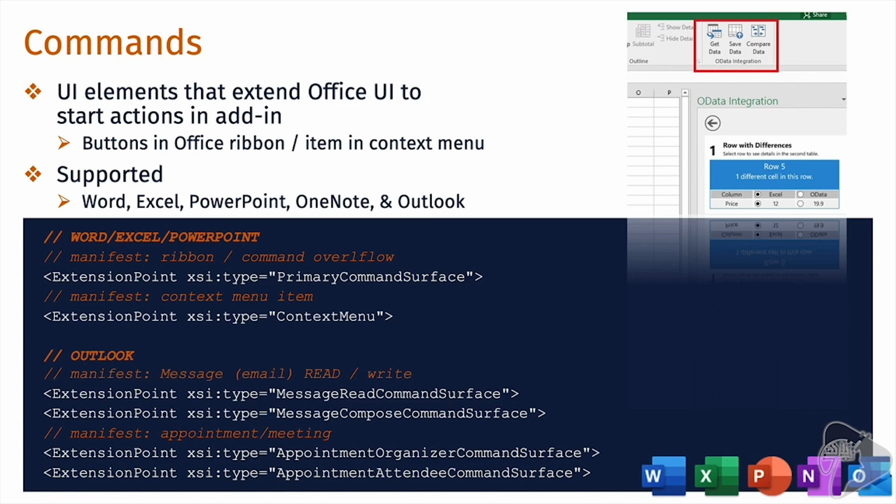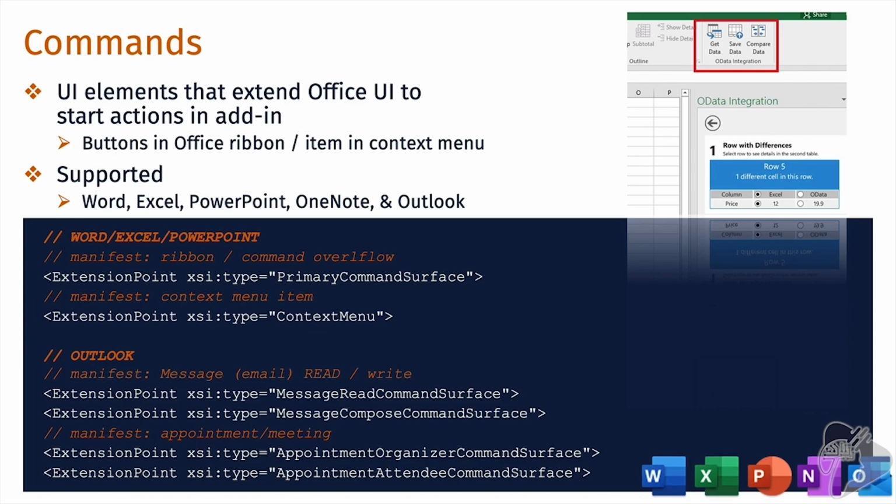You've got a bunch of XML for different extension points, and the different types are where I'm defining where this can show up. The primary command surface is the general ribbon that you're going to see in Word, Excel, PowerPoint, and OneNote. When it says context menu, that's going to show up in the context menu of an item.